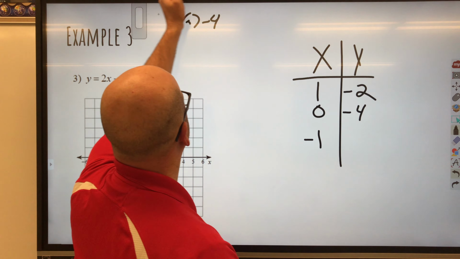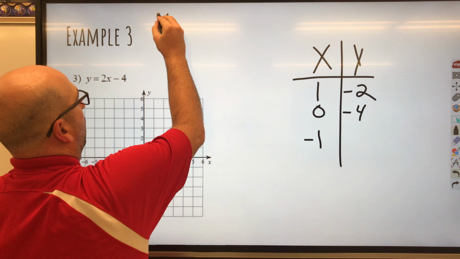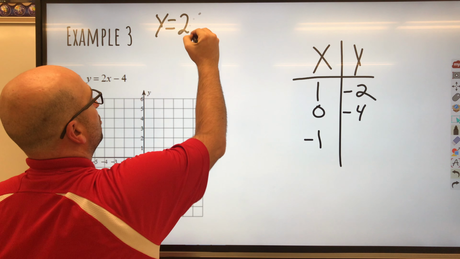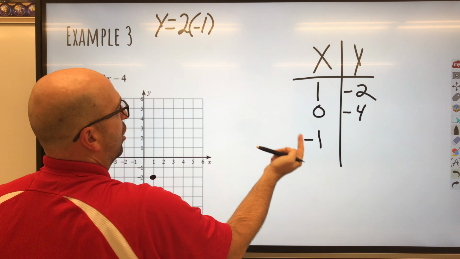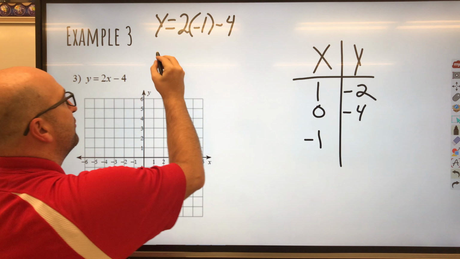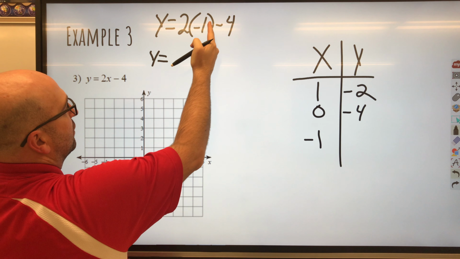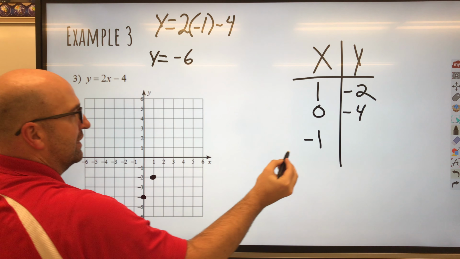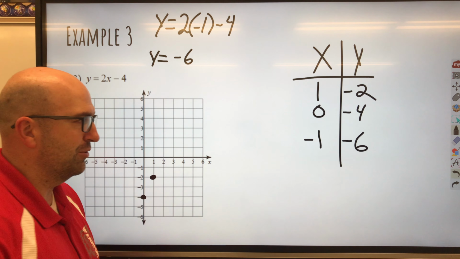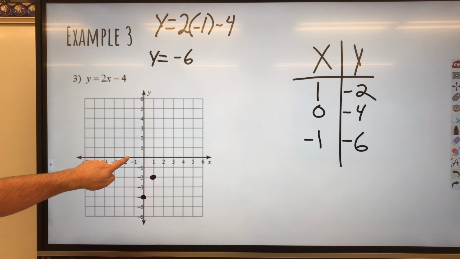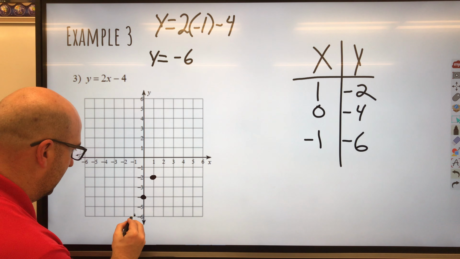Last one. Y equals 2 times -1 minus 4. 2 times -1 is -2. -2 minus 4 is -6. So there's our last ordered pair. -1, -6.